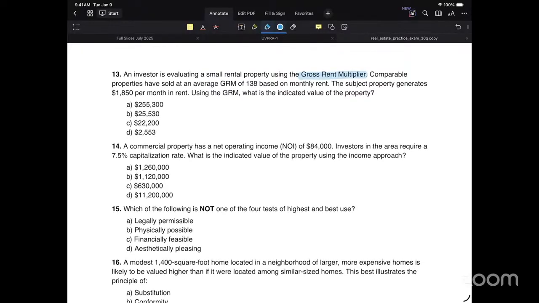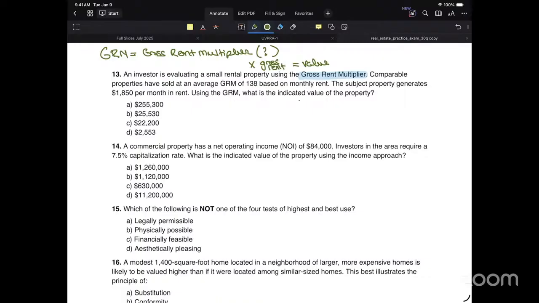All right. Well, we know GRM stands for gross rent multiplier. Whatever this unknown number is, I take it and I multiply it by the gross rent, and that will give me the value.